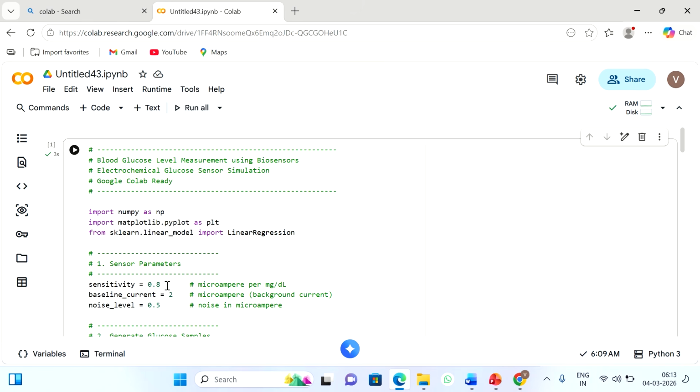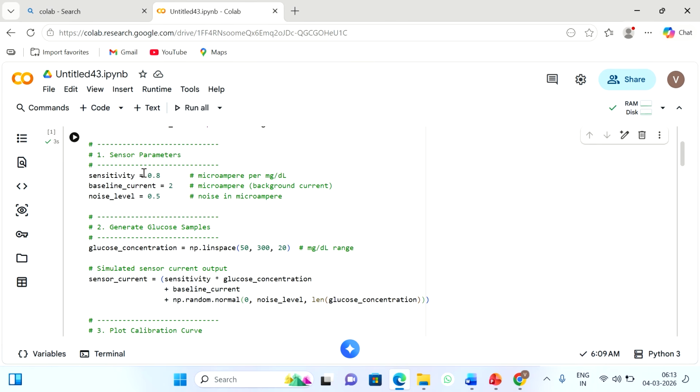Then sensor parameters. Here what we have given: sensitivity is equal to 0.8, that is microampere per milligram per dl. Then baseline_current is equal to 2, that means 2 microampere background current.